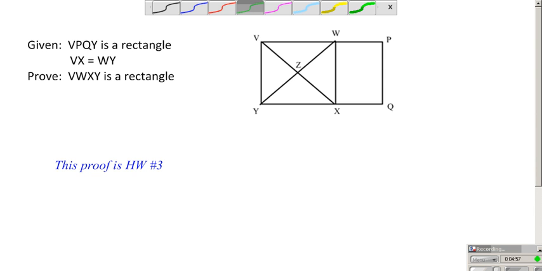Now we'll go on to the next one. We're actually going to skip this proof. It shows up as a homework proof. I'll give you a little bit of a hint, though, to get you started.